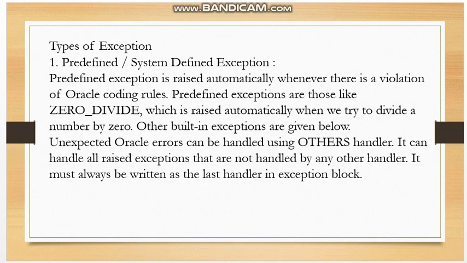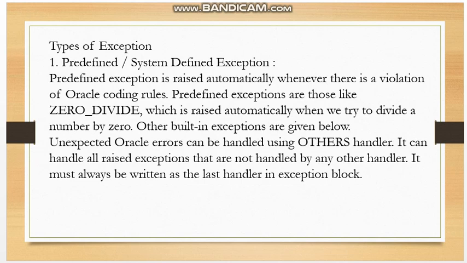Other built-in exceptions are given below. An unexpected Oracle error can be handled using the others handler. It can handle all raised exceptions that are not handled by any other handler. It must always be written as the last handler in the exception block. For example, I have a zero divide exception, because I know that whenever a number is divided by 0, it should give us the error like this.